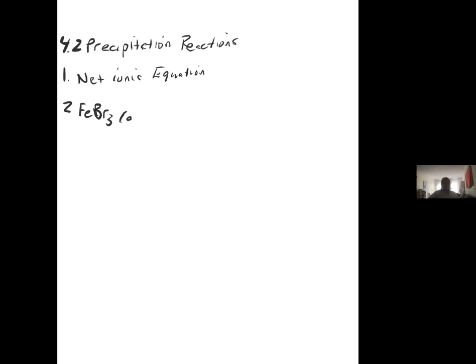So notice both of the reactants are aqueous. That means they both dissolve in the water. They put a little space between the coefficient and the symbol. And then notice one of the products is a solid and the other one's aqueous.